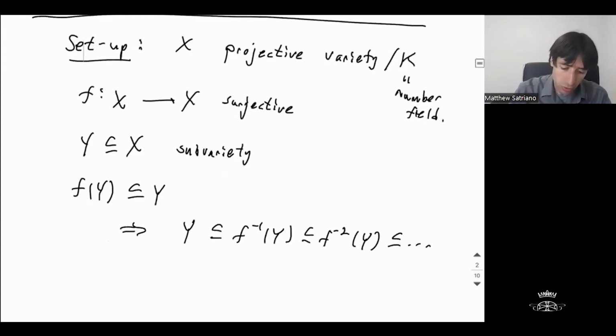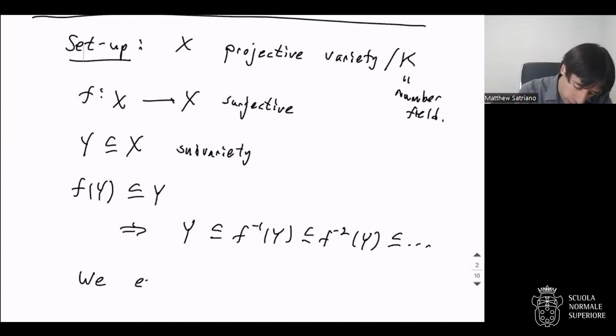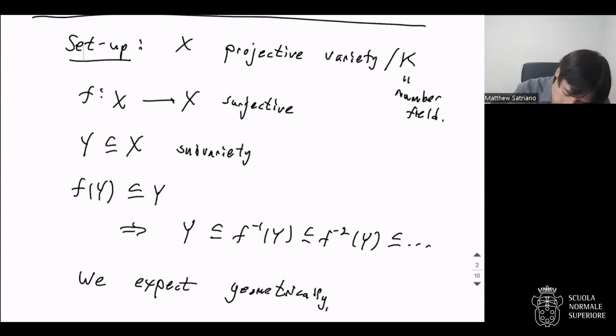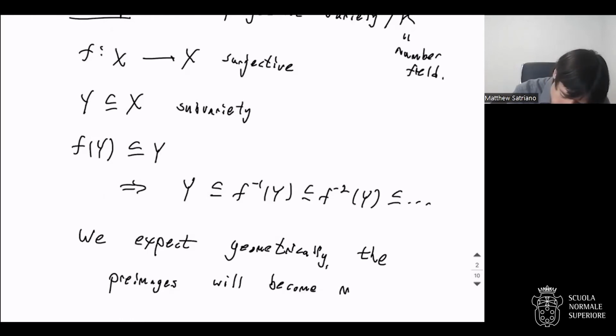And so, we're all very familiar with this kind of dictionary that geometry and arithmetic go hand in hand. And we expect that geometrically, this tower is going to become more and more complicated. So we expect geometrically the preimages will become more and more complicated.